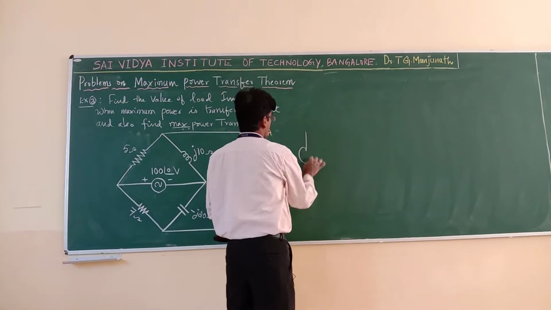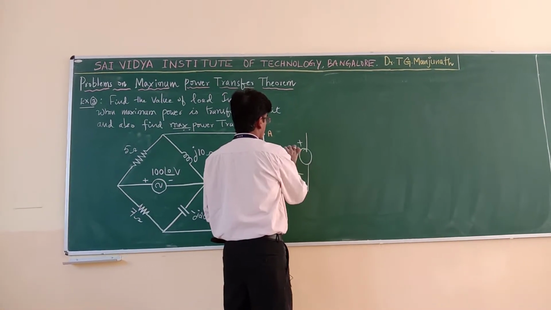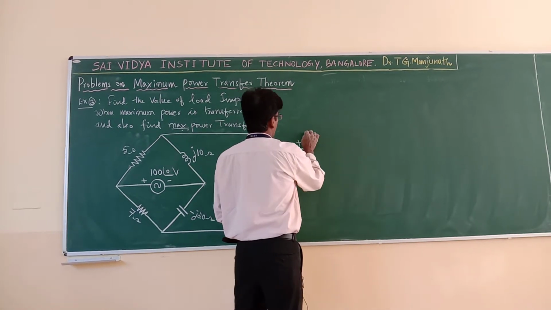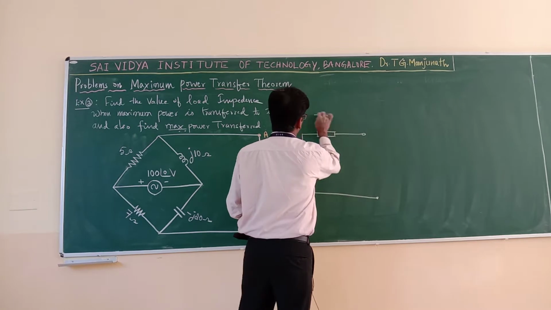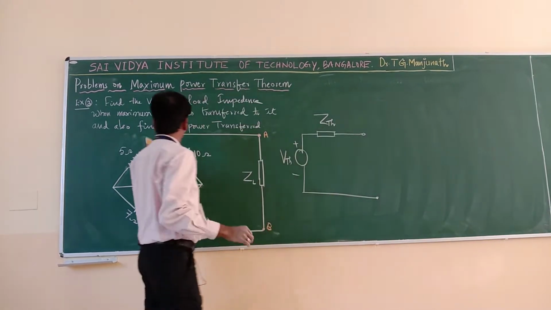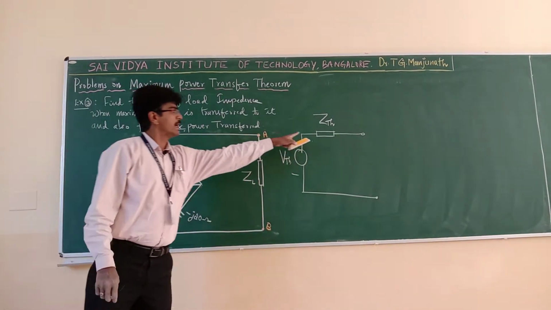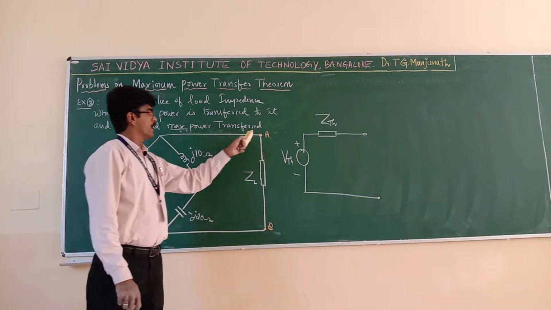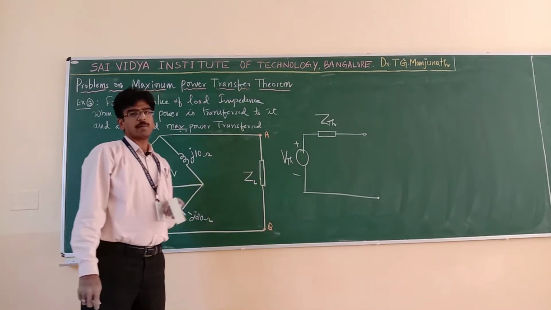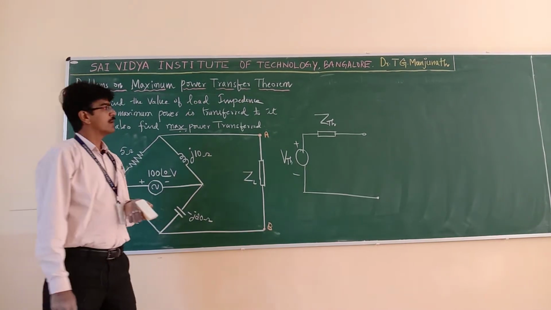Thevenin's equivalent circuit means a voltage source V Thevenin in series with an impedance Z Thevenin. Because it is an AC network, you have to find impedance, not resistance, keeping the load terminals as they are.